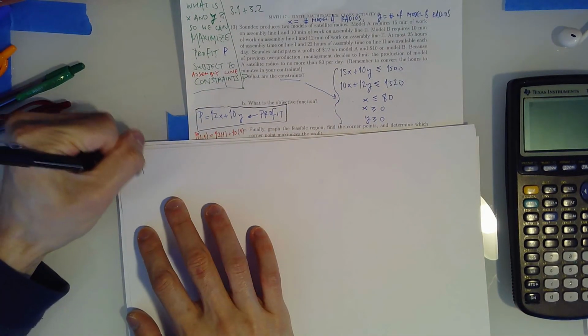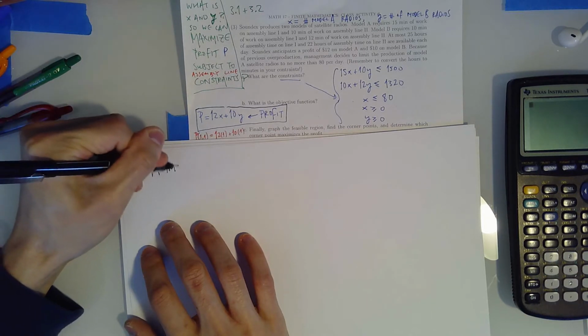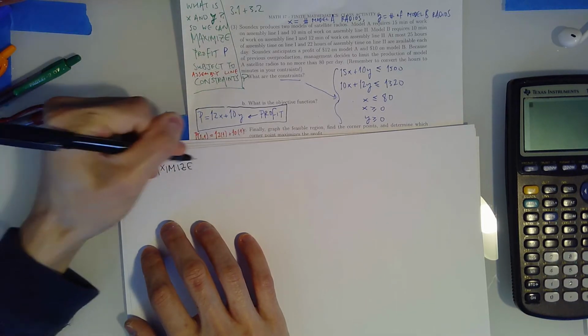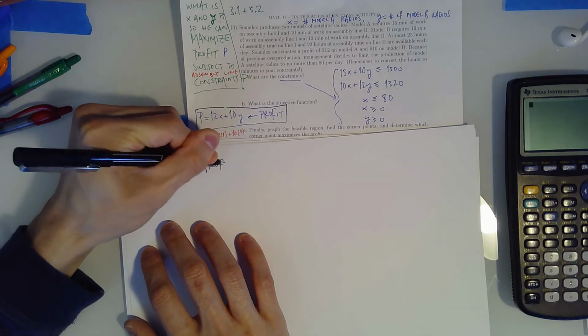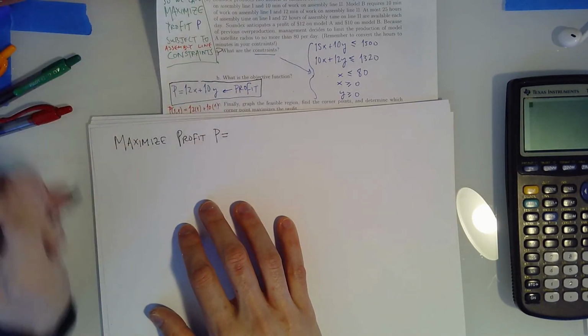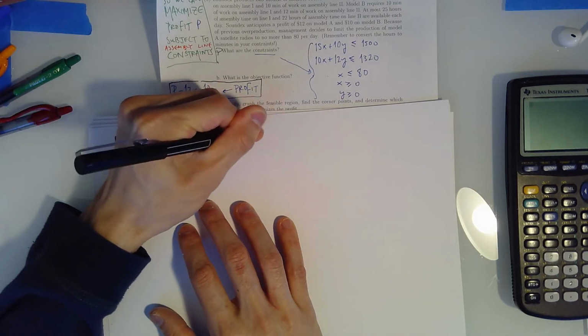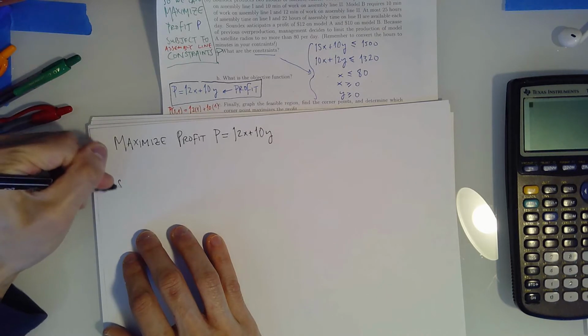So they want to maximize profit. Profit P equals, I'm just going to copy this down, 12x plus 10y, subject to constraints.